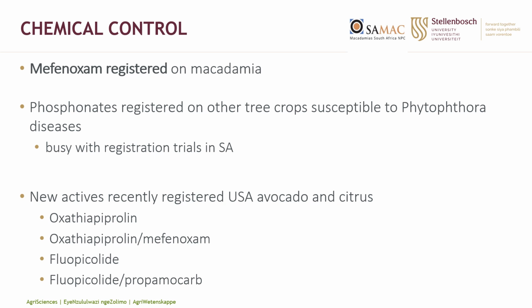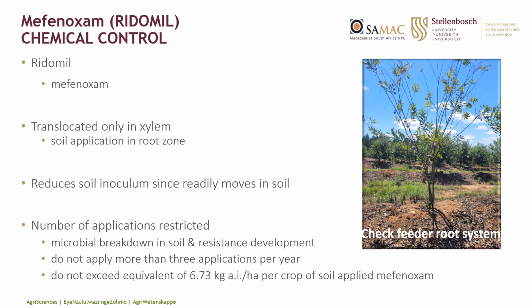Then there are also a few new actives, oxathiapiprolin and fluopicolide, that have recently been registered in the USA on avocado and citrus, and some work has also been initiated on macadamia in South Africa, but we don't have results yet.